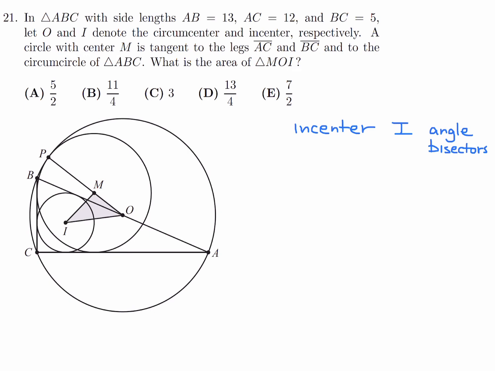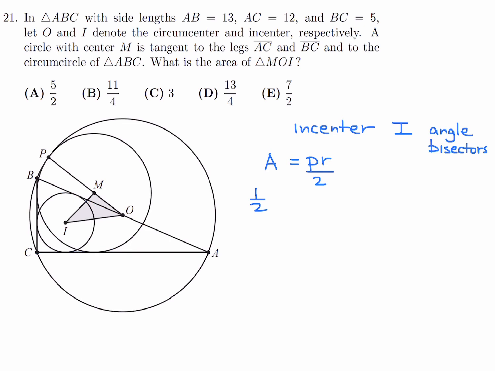And since we have a formula that can figure out the radius, let's use that formula. That formula is A is equal to P times r over 2, where P is the perimeter. Well, the area would be 1/2 base times height, since we're talking about the area of triangle ABC.